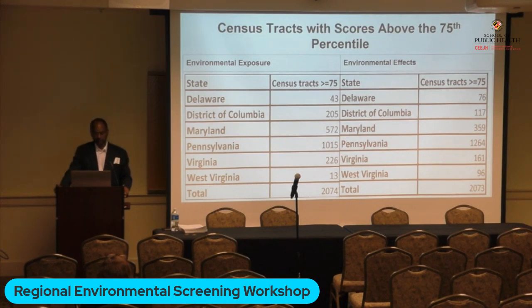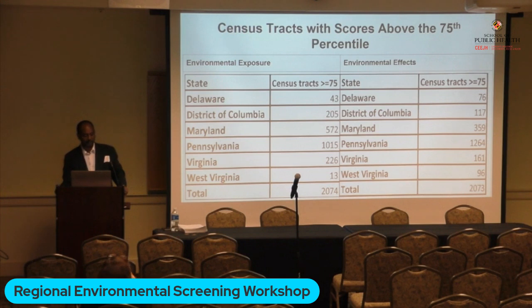In District of Columbia, 205 in exposure, almost all, which means only one census tract is not above 75. In effects, it's 117.